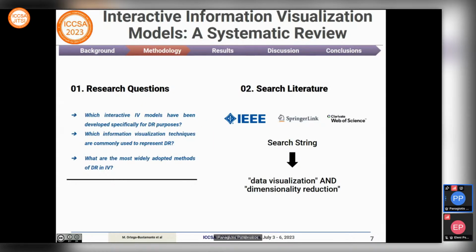The main three questions are: which interactive IV models have been developed specifically for DR purposes, which information visualization techniques are commonly used to represent DR, and what are the most widely adopted methods of DR in IV. We focused on three main databases: IEEE, SpringerLink, and Web of Science. And while searching, the search string focused mainly on these two keywords: data visualization and dimensionality reduction.